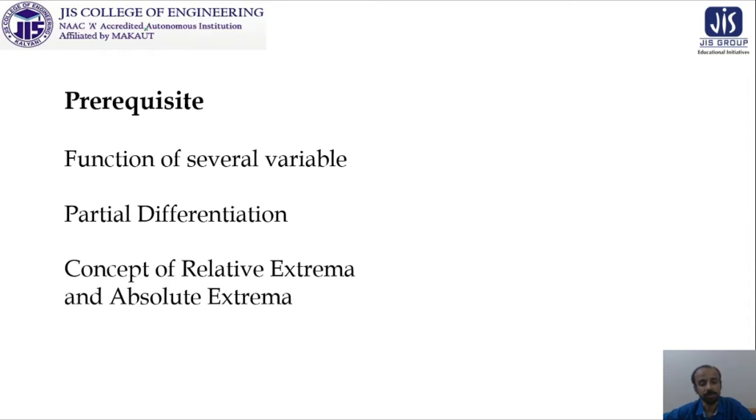We have given various real life examples through which we have discussed the concept of relative extrema as well as the absolute extrema, and their comparative study also, that when one point will be called absolute extrema, and what is the corresponding value of that one. If it is maxima, then what is the maximum value? If it is minima, then what is the minimum value, and so on. So all these concepts are required in this particular class.